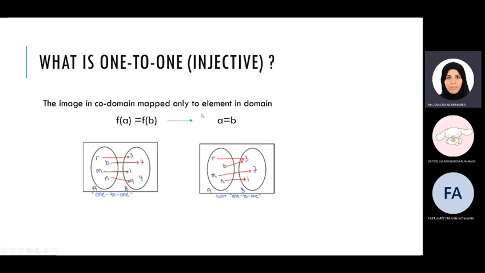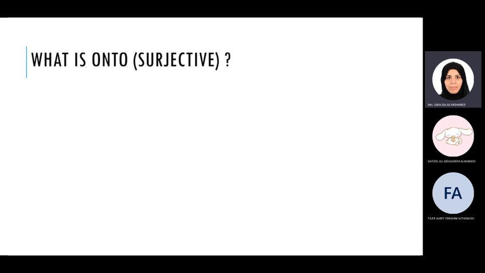Why not? Because one-to-one means the image is mapped to only one element in the domain. So 3 must be mapped to only one element, 7 mapped to only one element in the domain, and 1 mapped to only one. This is not one-to-one because 3 is mapped to R and to B, and R and B are different elements, not the same element.